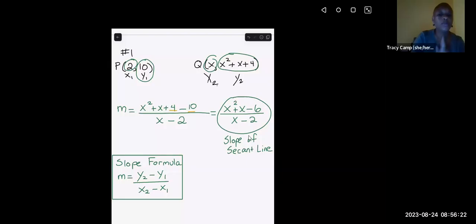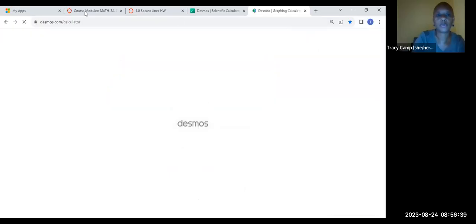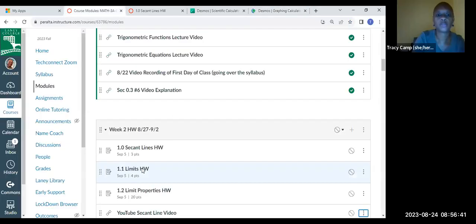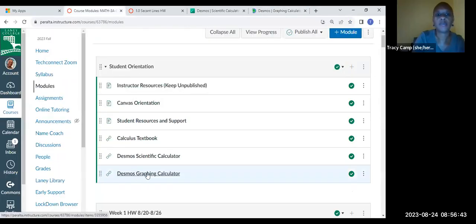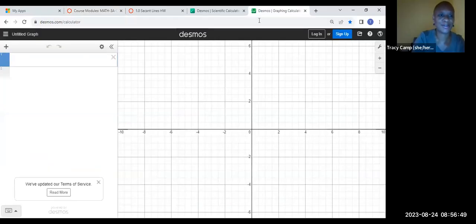What you want to do is then take this, and this represents the slope for any x, whatever x you want. So we're going to take this and put it in the Desmos graphing calculator, which is posted if you go to modules, under the orientation module along with the scientific calculator, but also you can just Google Desmos graphing calculator and it'll come up.